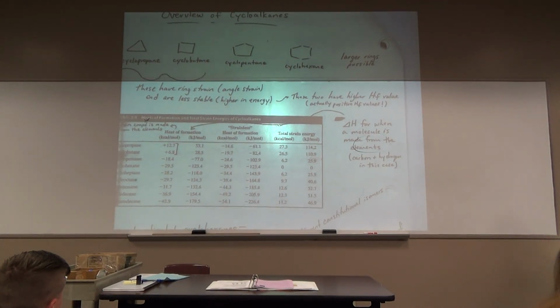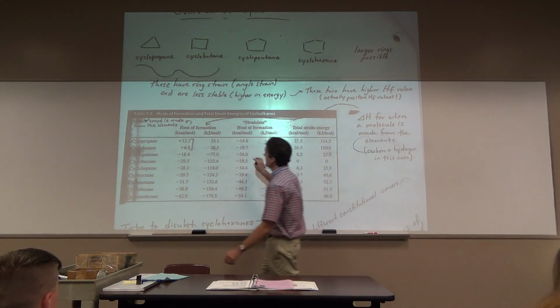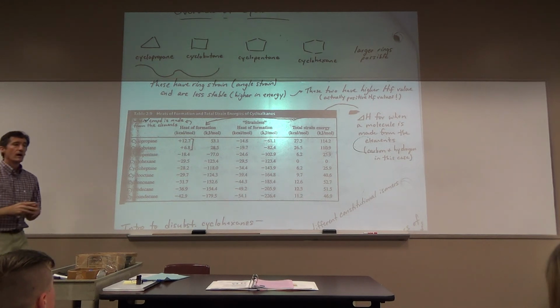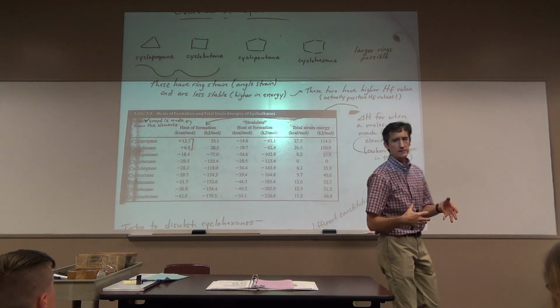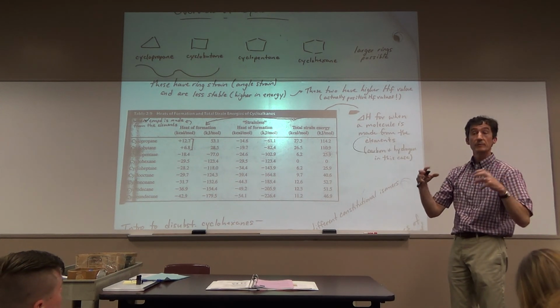Now the ring strain can be seen in the heat of formation. Heat of formation is the amount of heat that's released when you make a compound theoretically from the elements.